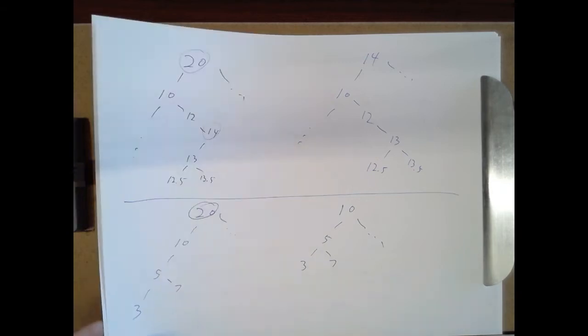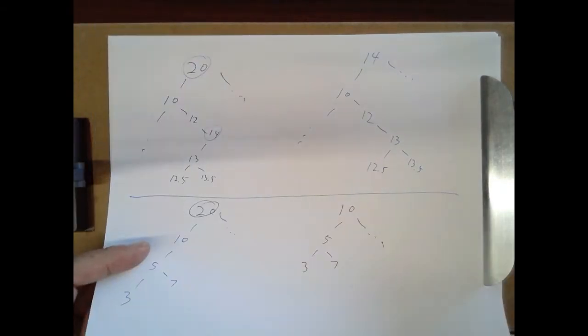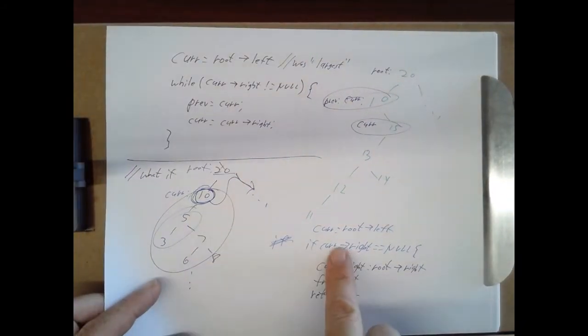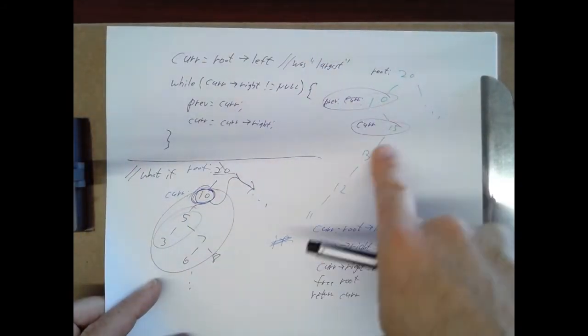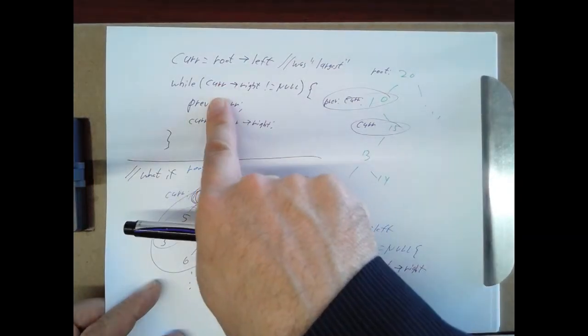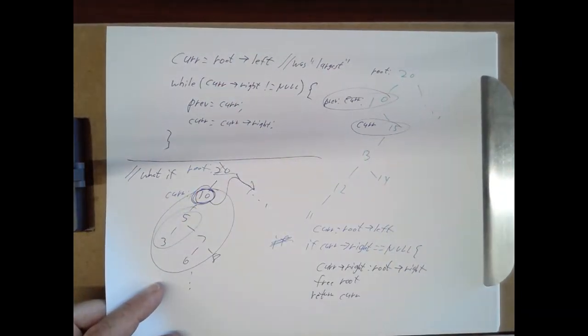So you need at least two pieces of code. One to handle the case where the left subtree doesn't have anything on the right, and one where it does have something on the right, and you can march down and find it. But we've got another edge case.